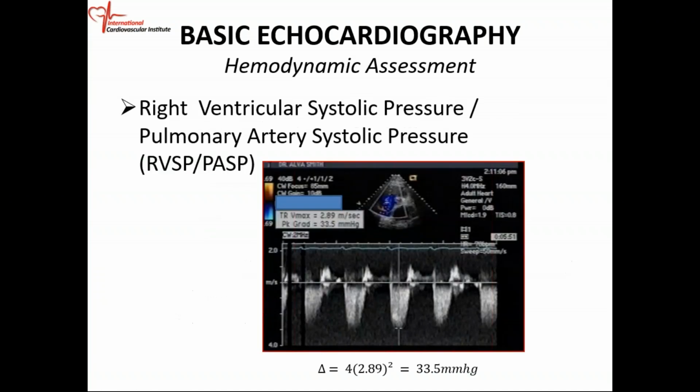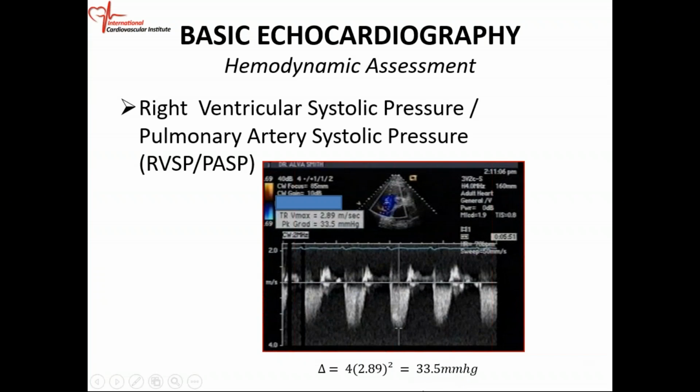So all you do, remember, the gradient is the RV systolic pressure minus the RA pressure, and that's equal to the gradient, which is this. So to get your RV systolic pressure, you just move your right atrial pressure to the other side of the equation.